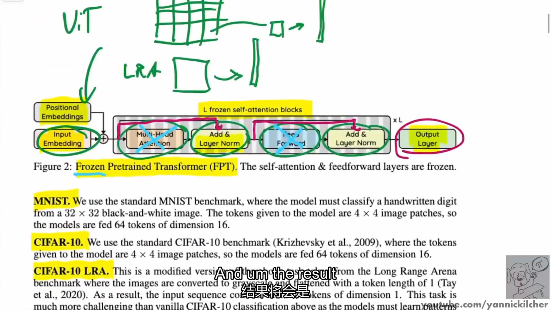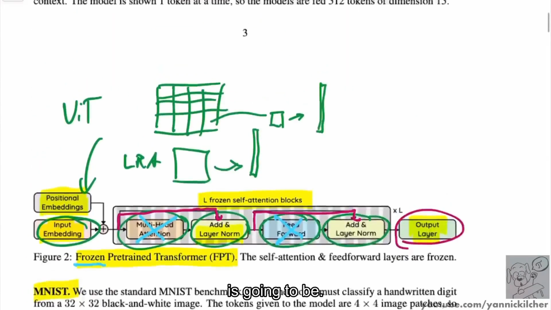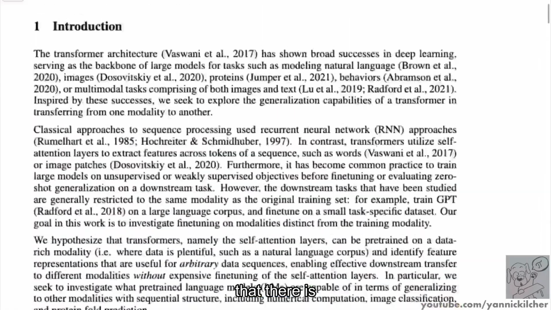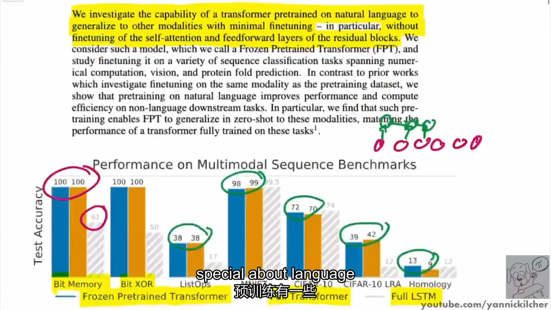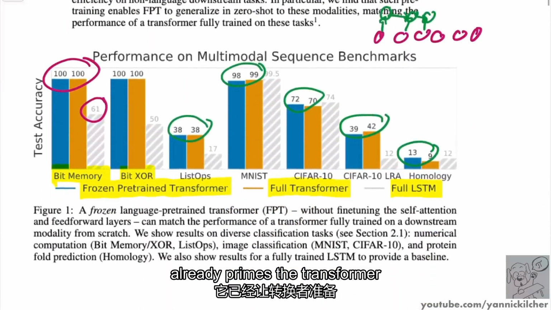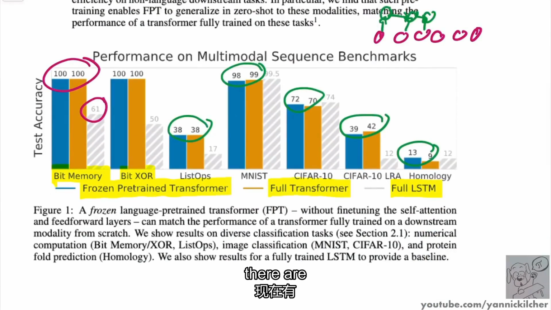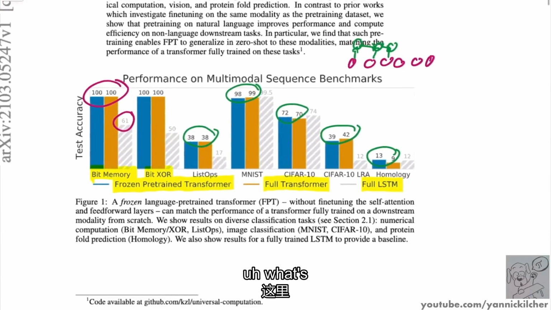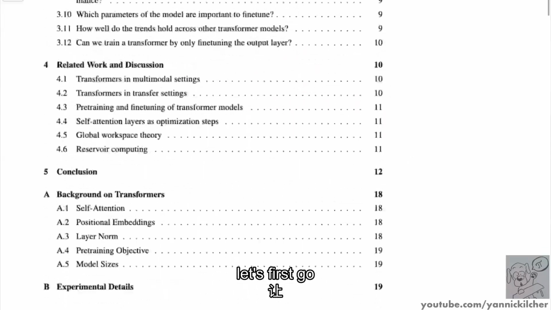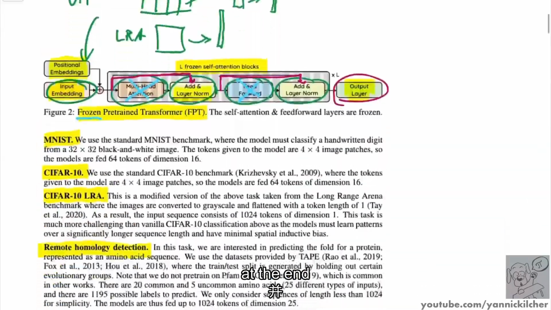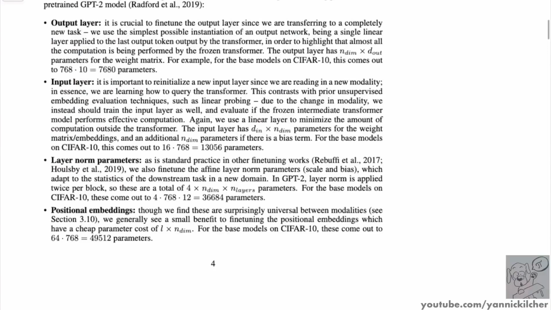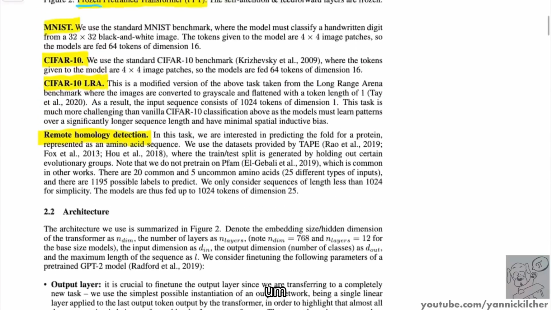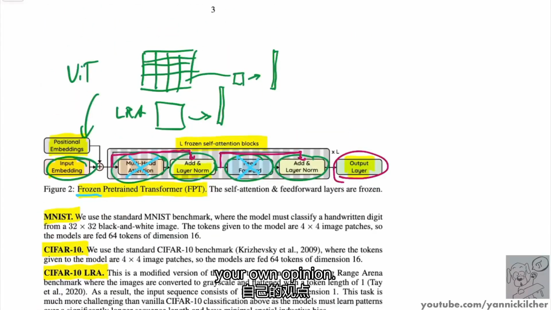The authors claim that there is something special about language pre-training that already primes the transformer to be receptive to these new tasks. Now, there are two different possibilities if you think what's happening here. Actually, let's first go to the ablations and do the discussion at the end, because once you see what is happening, you'll be able to form your own opinion.